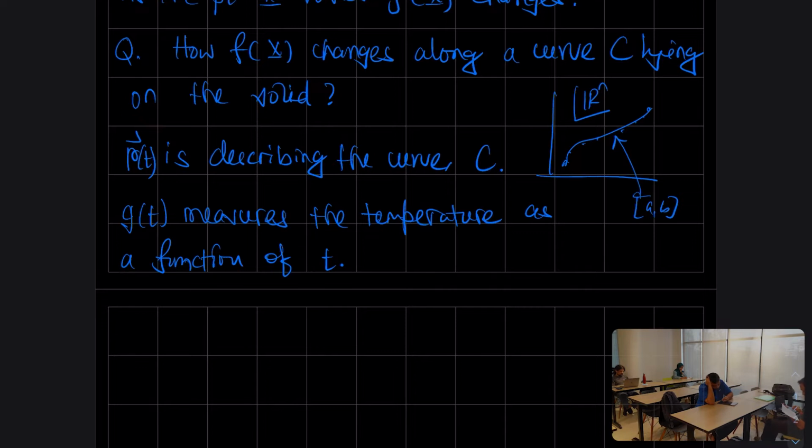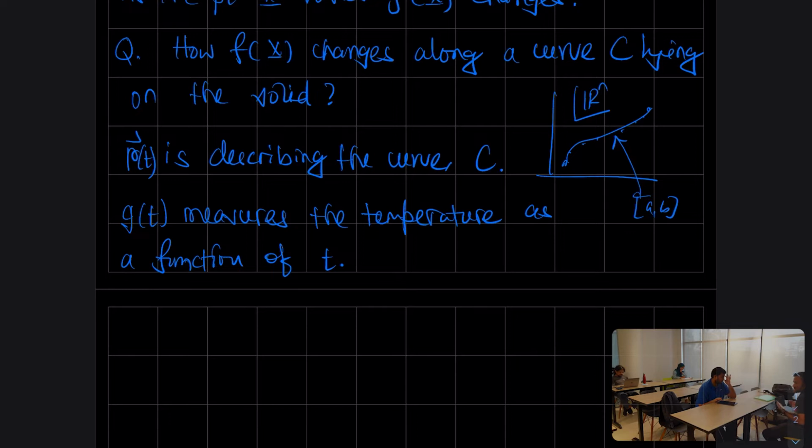As I was saying, G of T measures temperature as a function of T. There is a computational simplicity here, because working with n-vectors is extremely difficult, but with a single variable it is very easy. You don't have to worry about all these other dimensions.